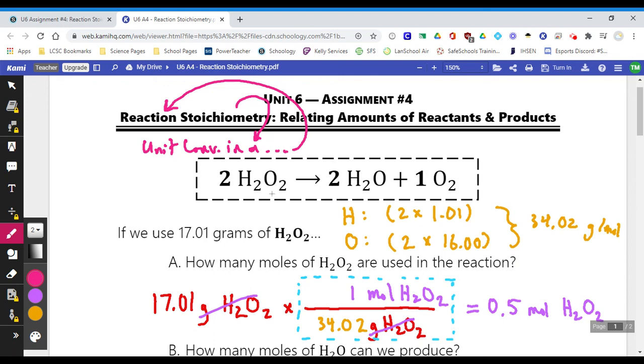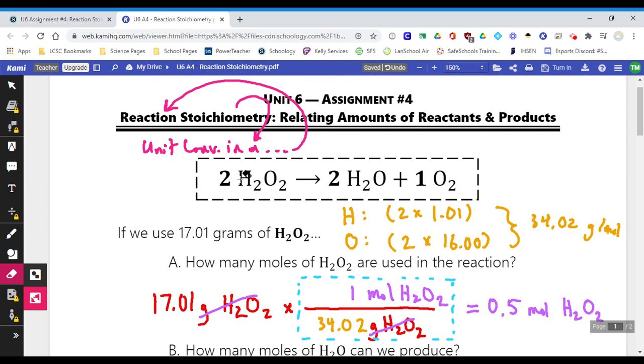So I could also say 4 H2O2s should make 4 H2Os and 2 O2s. Or I could say 8 H2O2s make 8 H2Os and 4 O2s. I could do it for 200, 200, and 100.